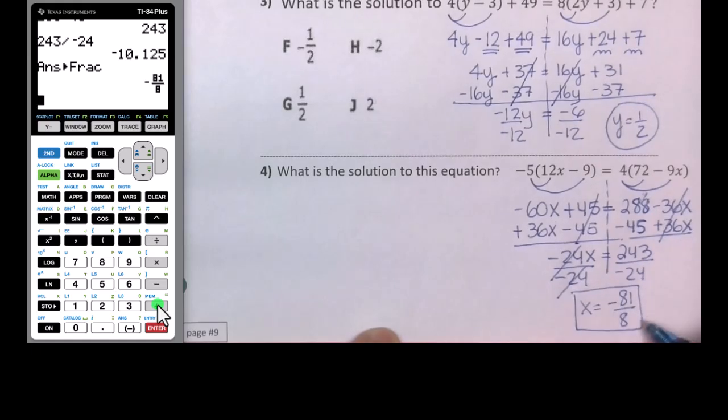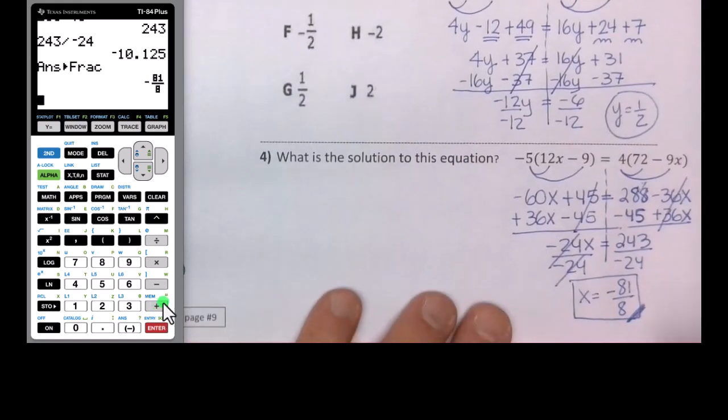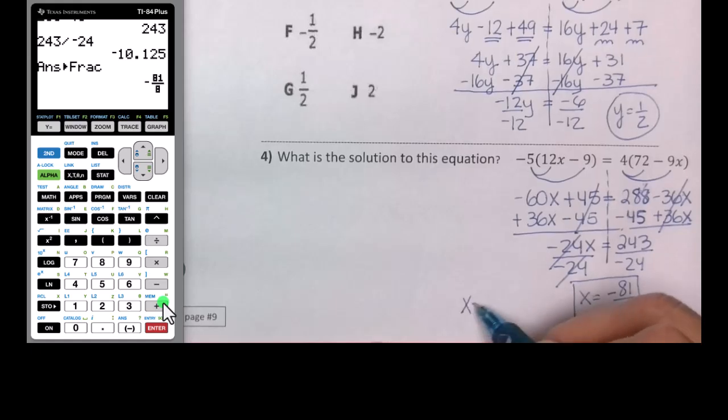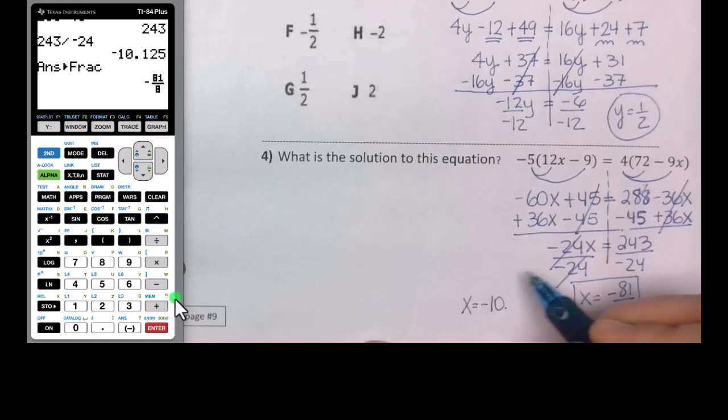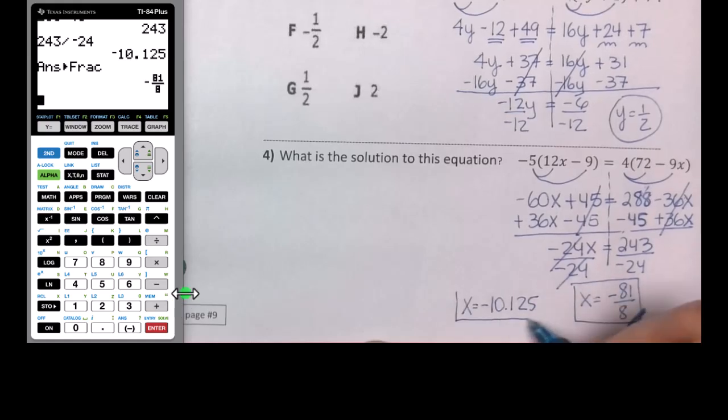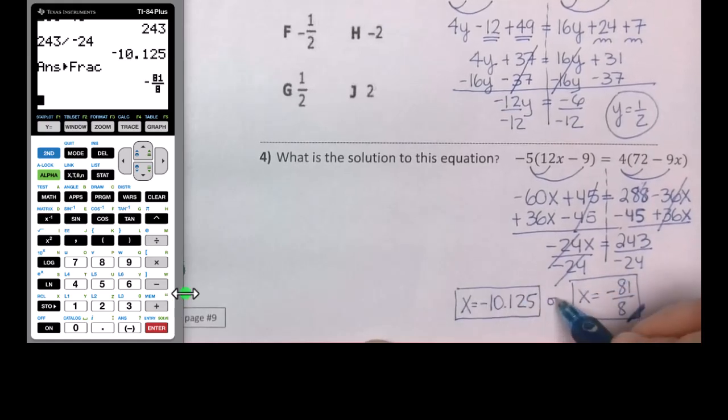So, if the problem has asked for fraction form, then this will be your answer. If the problem asks for decimal, then the answer would be negative 10.125. It all depends what the STAR test wants, okay?